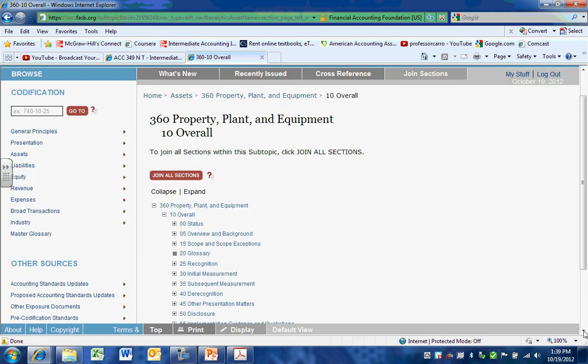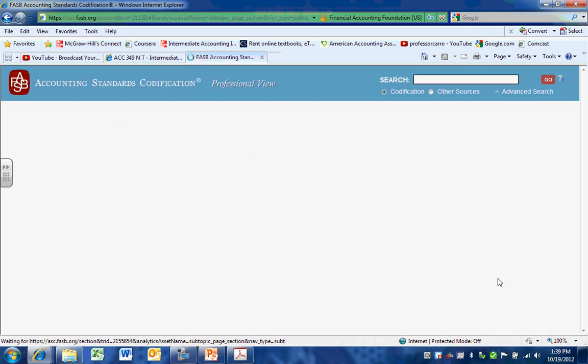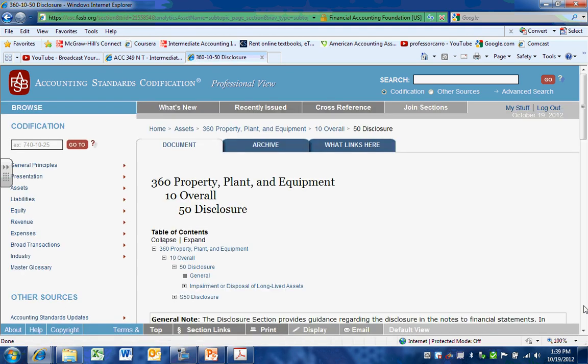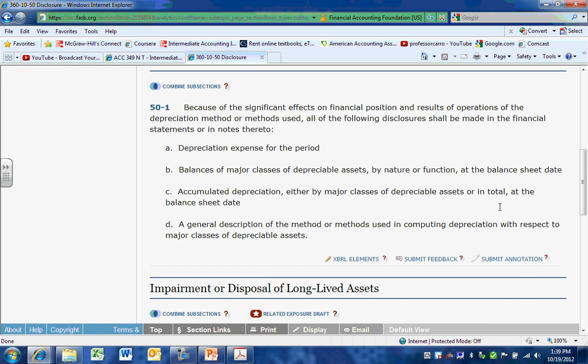In every subtopic, in addition to the recognition, initial measurement, subsequent measurement, there is a disclosure area. Any GAAP required disclosure that is a separate note related to the topic area will be listed here. Here we see that there are specific disclosure notes related to property, plant, and equipment.